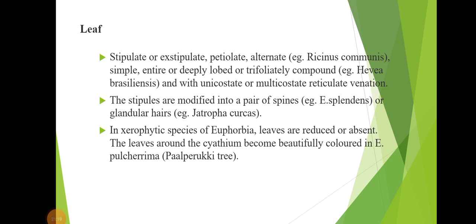The stipules are modified into a pair of spines or glandular hairs. In xerophytic species of Euphorbia, leaves are reduced or absent. The leaves around the cyathium become beautifully colored in Euphorbia pulcherrima.